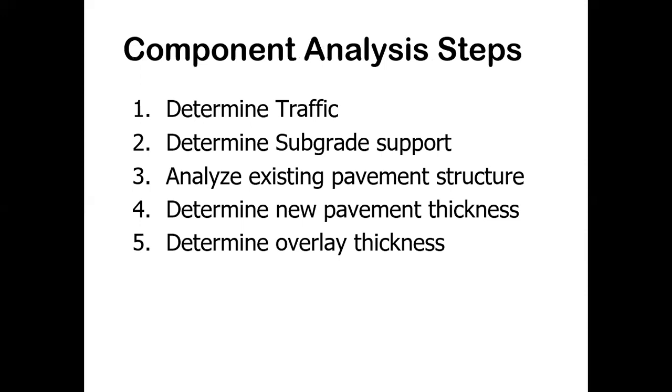Now, before applying the first approach, what we call the component analysis, we first know the traffic. We then determine the subgrade support. We analyze the existing pavement structure. We determine the new pavement thickness, and then we find the required overlay thickness.